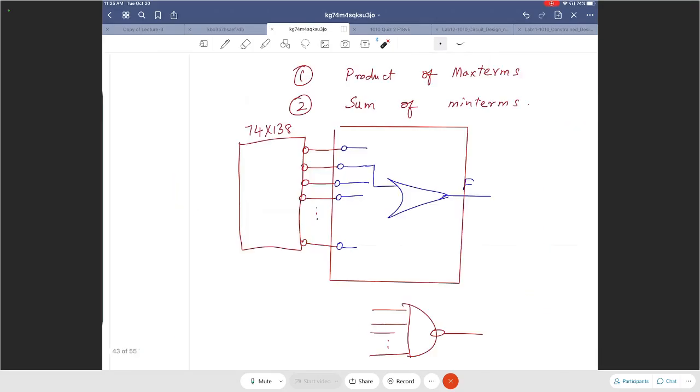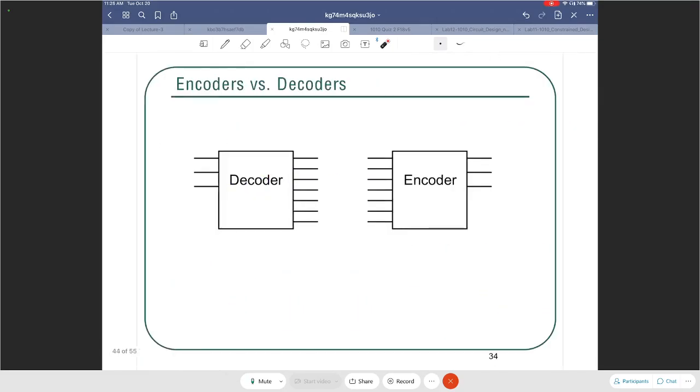All right, let's go on and take a look at encoders. The story is going to be kind of the opposite of the story for the decoder. For the decoder, we had n inputs, and the general decoder had 2 to the n outputs: 3 to 8, 4 to 16, 2 to 4, and so on.